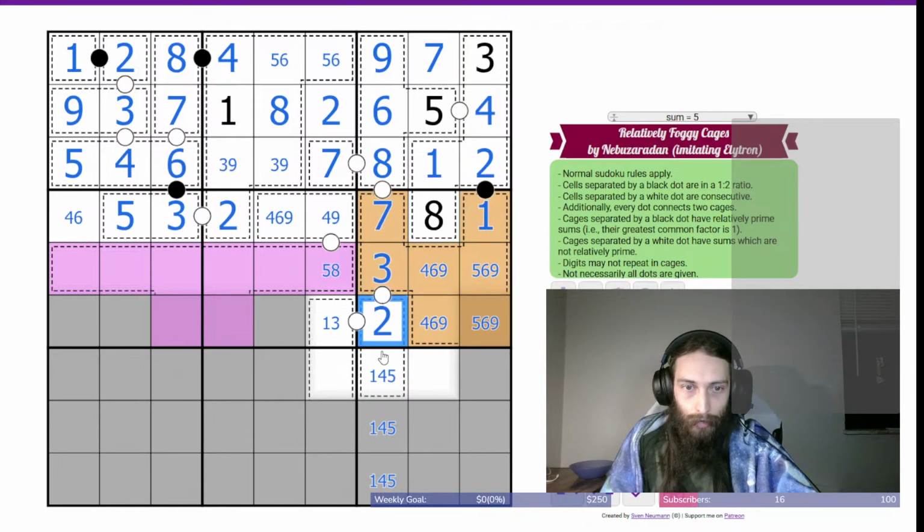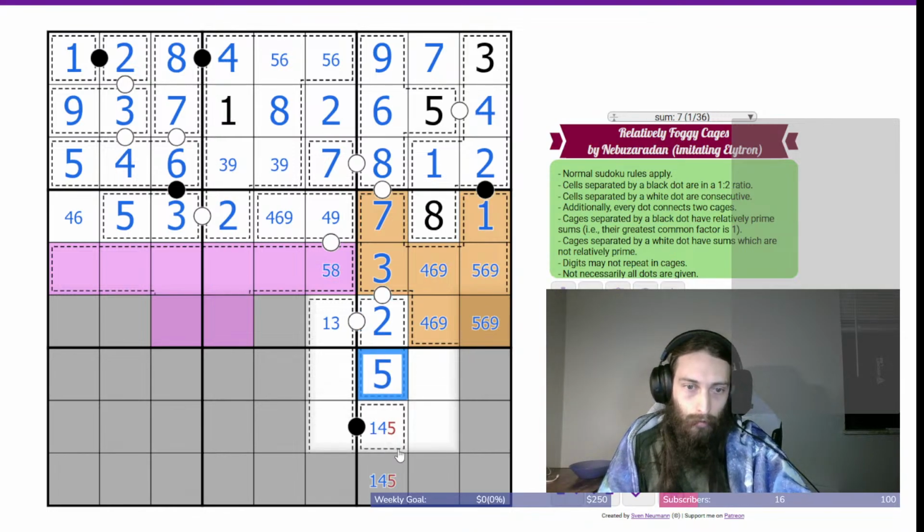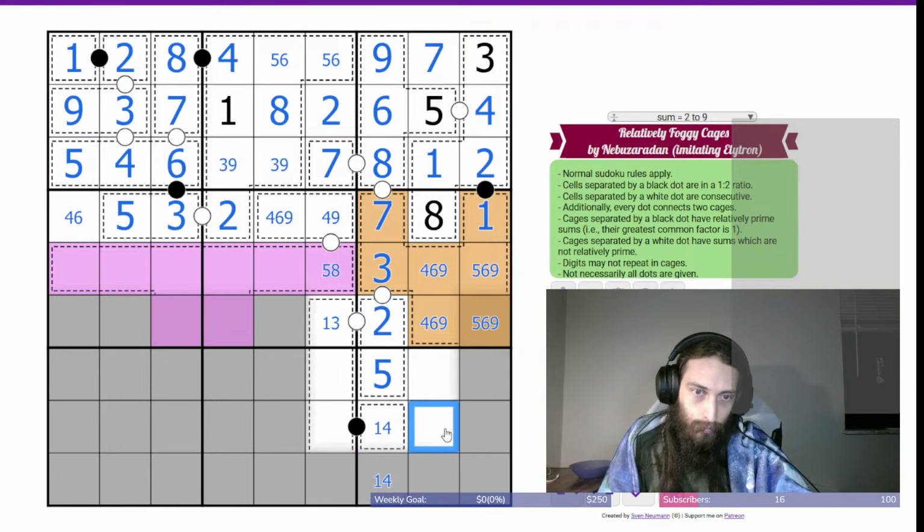And we do have a shared factor here. 7 and 5. So 2 and 5 is 7. 2 and 4 is 6, which is not 5 or 7. And 1 and 2 is 3. So this has to be a 5, so those aren't. That's 7, so this has to be a multiple of 7.